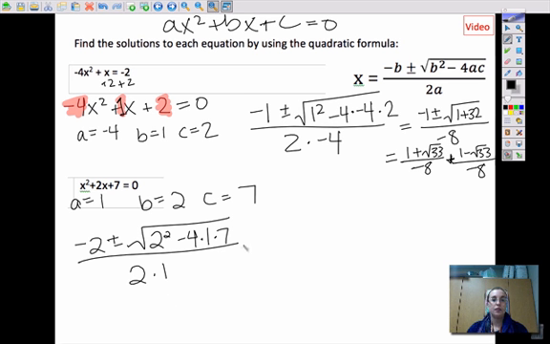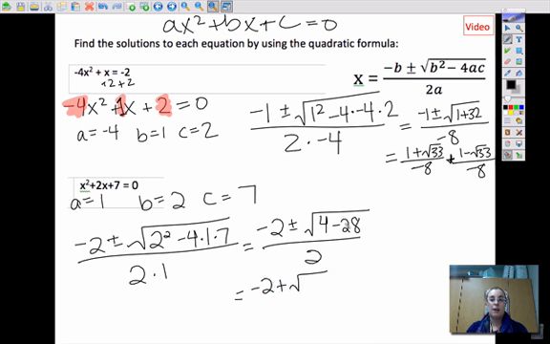Simplify it down: negative 2 plus or minus the square root of 4 minus 28, divided by 2. 4 minus 28 is going to give me negative 24.